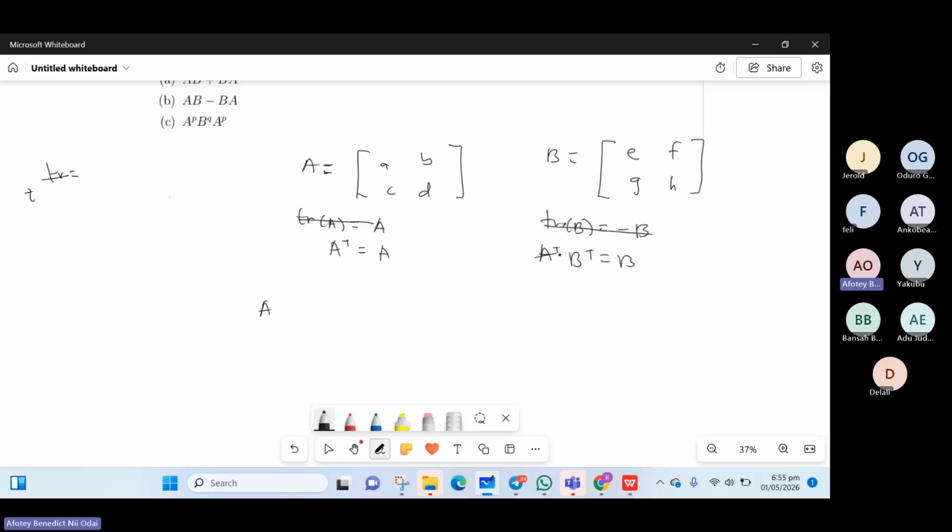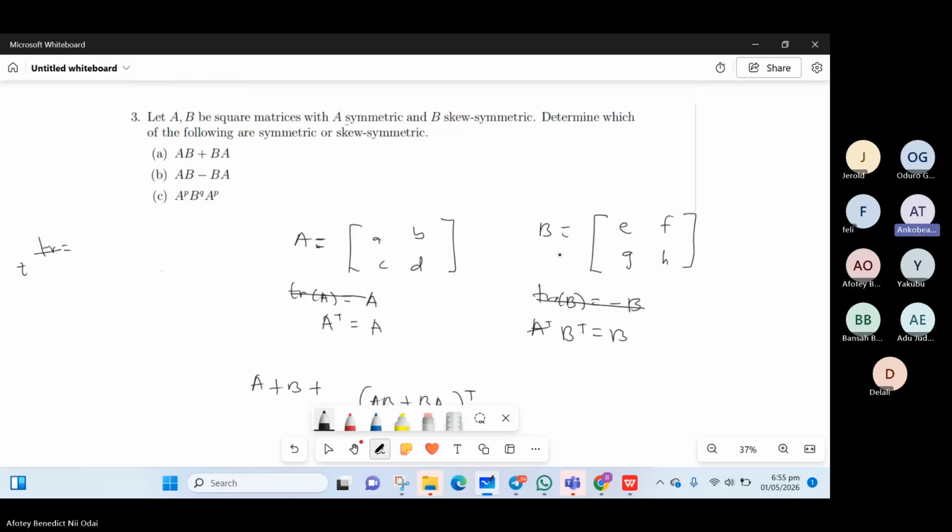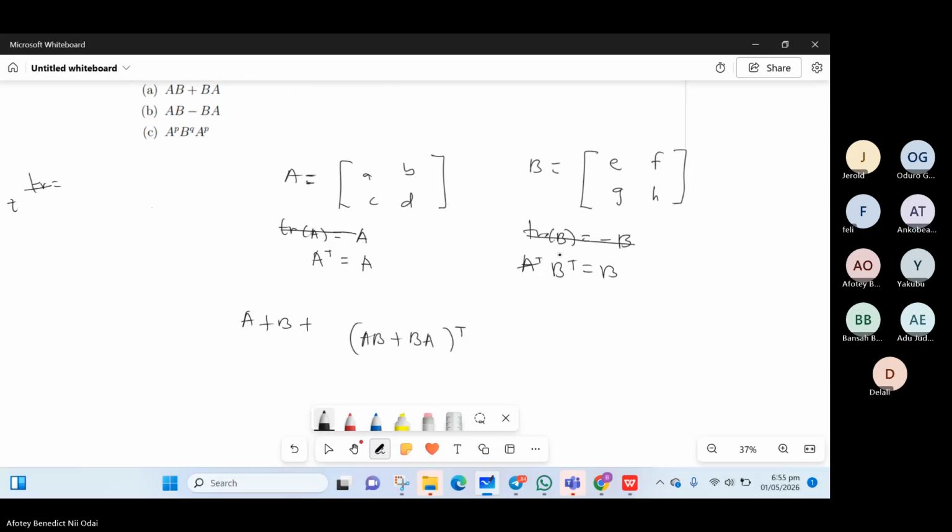So please can you come again? We can do AB plus BA all transpose, which is equal to AB transpose plus BA transpose.